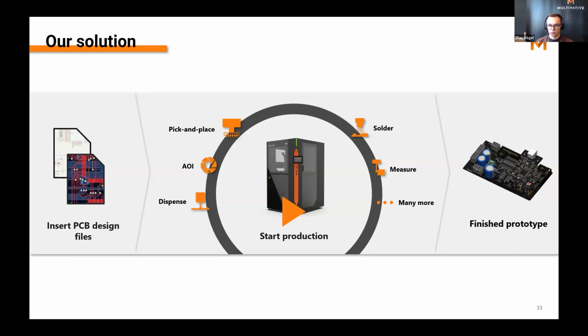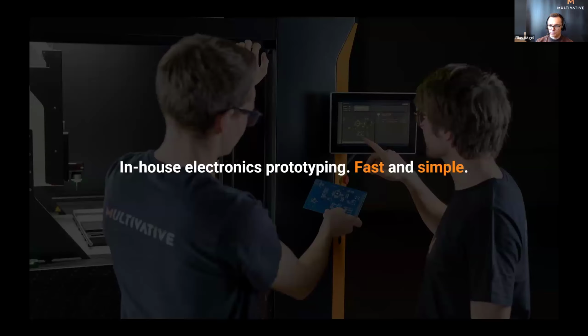You just put your data into it, the components and the raw PCB, and get a soldered and verified PCB out of the machine, similar to how you work with 3D printers. So we want to enable companies and also EMS companies to improve and accelerate their electronics prototyping, because the serious machines that are out there are not targeted for those very low quantities.